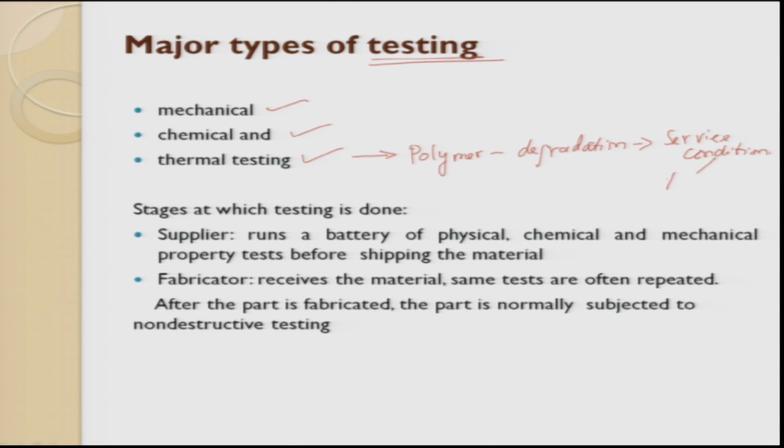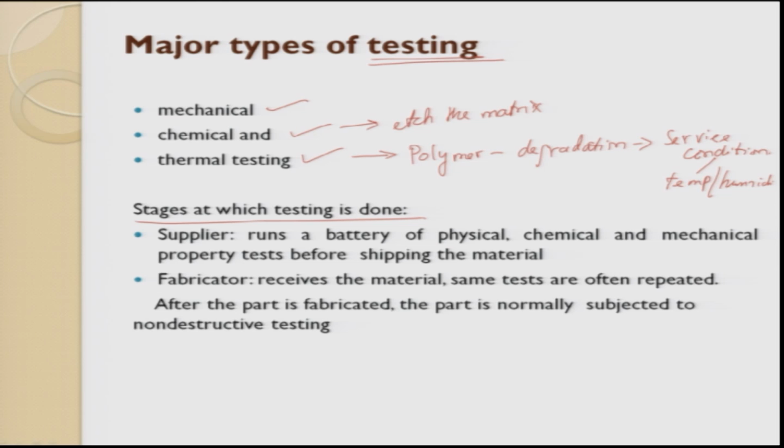Service condition means temperature and humidity as far as polymer composite is concerned. Chemical testing, because it should not etch the matrix. The moment it starts to etch the matrix, the reinforcement cannot do anything. The testing can be divided into mechanical testing, chemical testing and thermal testing. There are several stages at which the testing is done.